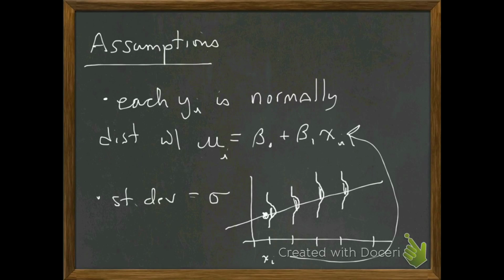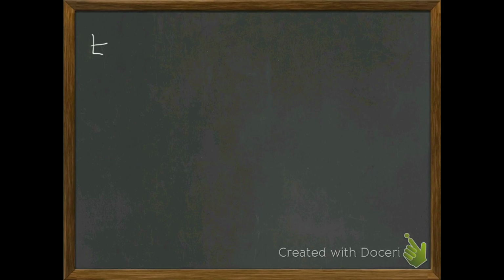Okay, so let's start an example, and I want to set my standard deviation to something really easy: standard deviation equal to 3.